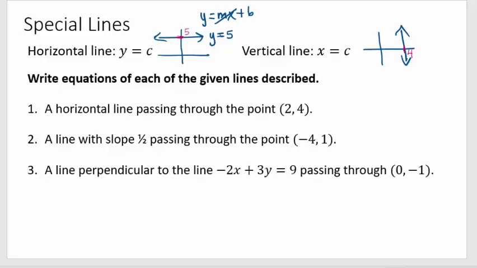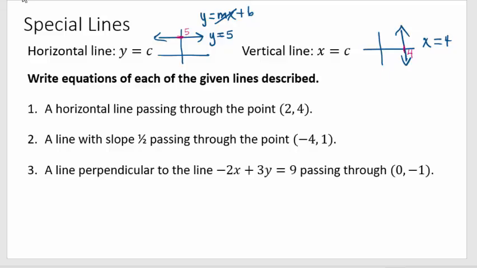Vertical lines, on the other hand, have equation x equals some constant. So this line would have equation x equals 4. And we say that the slope of a vertical line is undefined, since the run, how far you'd count horizontally, is 0.